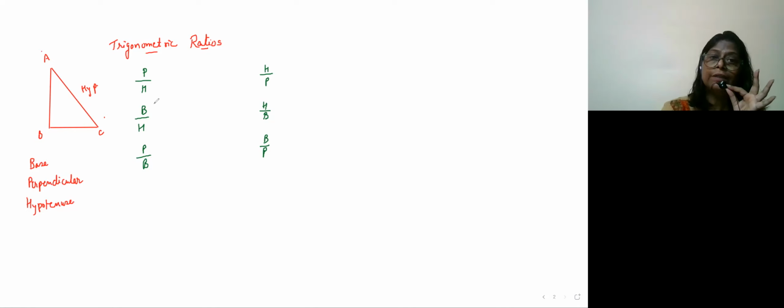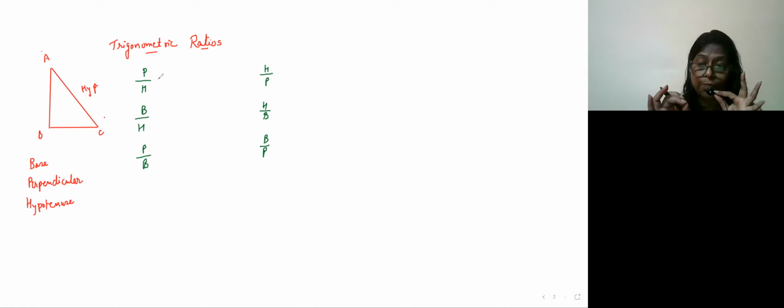Now, children, each ratio has been assigned a particular name, that is sine. Sine is associated always with an angle. We usually say sine of angle theta. Actually, it is spelled like this.